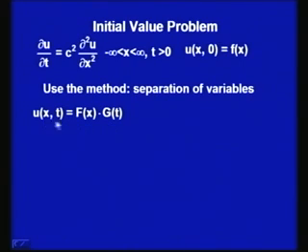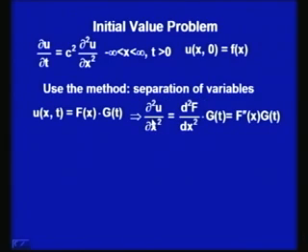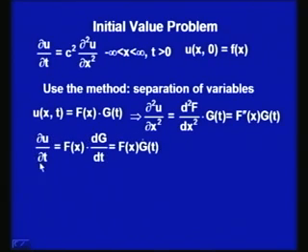If I differentiate this function partially with respect to x and with respect to t, the second derivative with respect to x of u(x, t) involves only the second derivative of F with respect to x, and G(t) would be the constant, that is, we get F double dash x G(t). Similarly, we require the first partial derivative with respect to t. So, du over dt would be F(x) dG by dt, or we can write F(x) into G dot t. Dot means the derivative with respect to t.